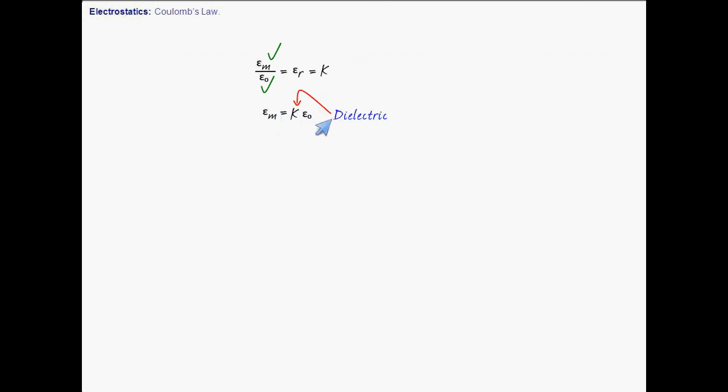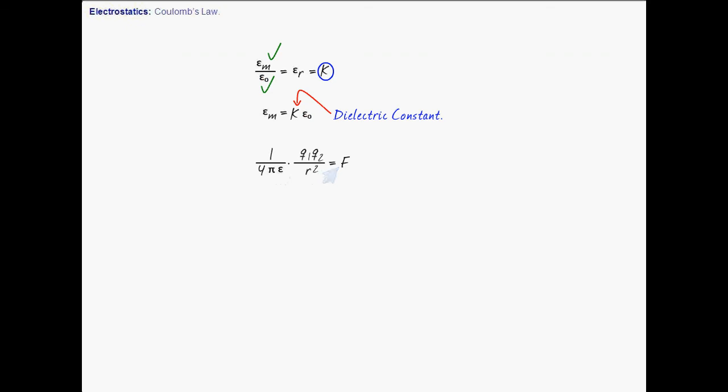So we can say that the force of interaction between the two charges is 1 upon 4 pi epsilon into Q1 Q2 by R square, where epsilon is the permittivity of the medium in which these two charges are placed, which can also be written as epsilon naught times K, where K is the dielectric constant.